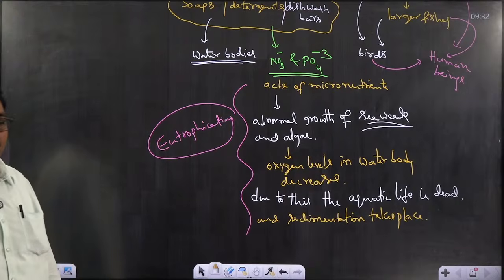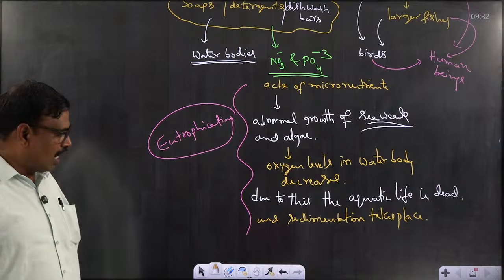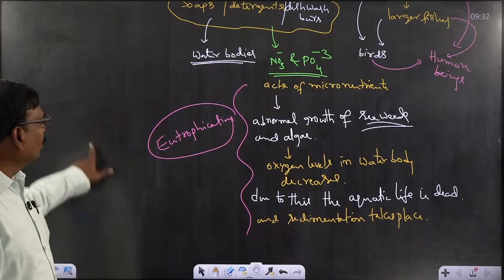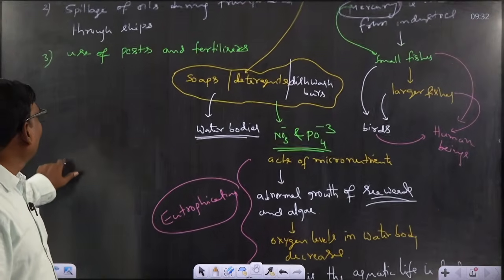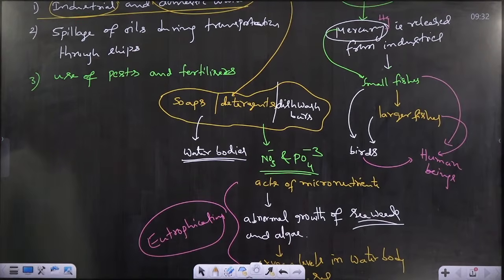As a result, oxygen levels in the water decrease, and aquatic life will die in that huge area. So care must be taken during transportation, mostly to prevent leakage of the tanks. That is more important.